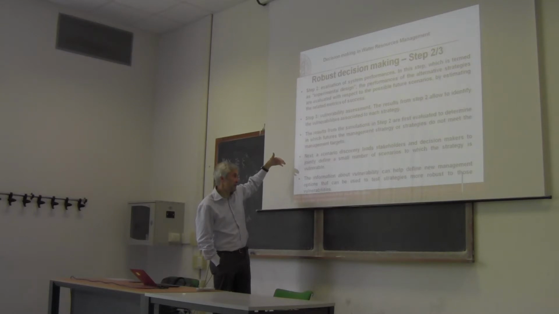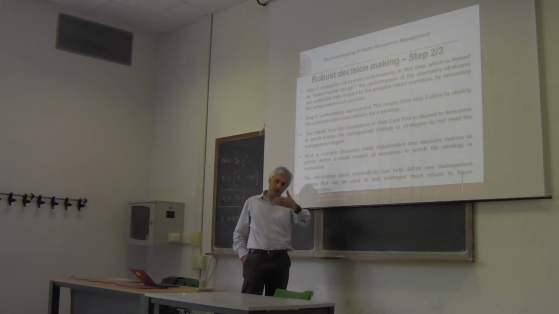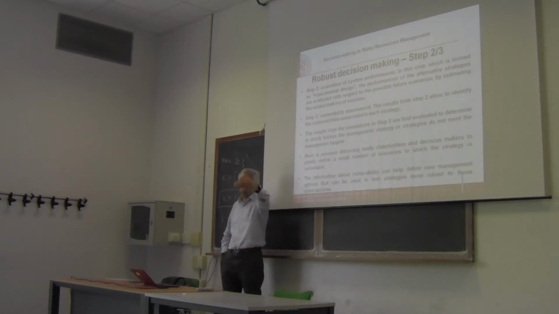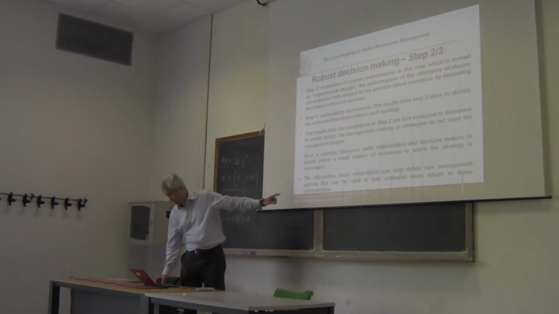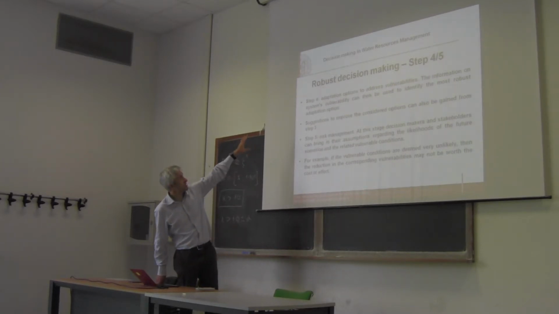And there is an additional step that you may undertake, which is to try to profit from vulnerability assessment to refine your decision. So we identify the alternatives at the beginning, but by assessing vulnerabilities of these alternatives, you may also seek to improve them. And I have a sketch illustrating robust decision making, and let me first finish with the steps.